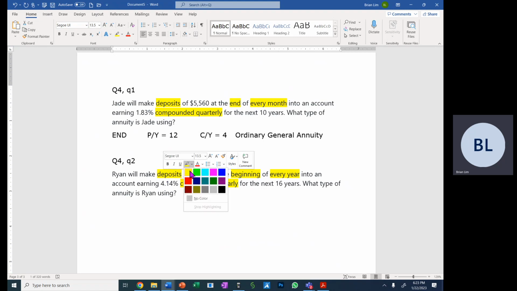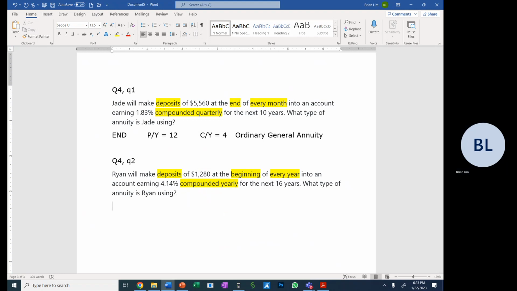So this here gives us the beginning, BGN, and we have the PY value equal to 1, and the CY is also equal to 1.